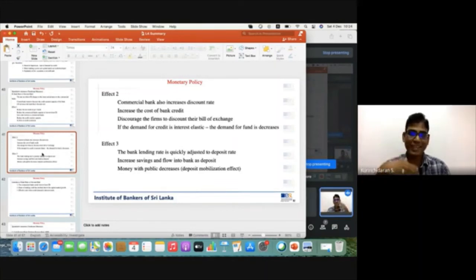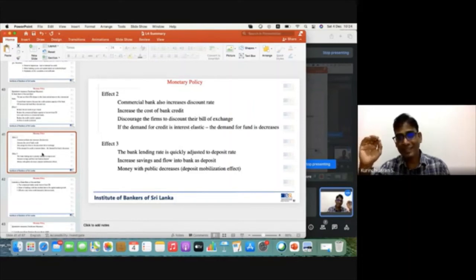It's an interest elastic credit. I'm not talking about an inelastic relationship here. So when that is the case, demand for funds decreases. So even in effect two, through this mechanism also, the demand for funds or credit decreases.